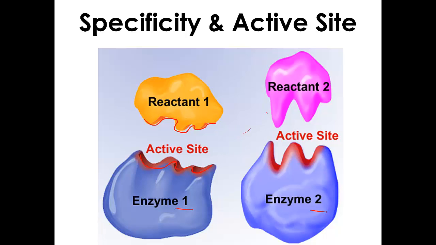So if you put reactant 2 into enzyme 1, it won't work because it doesn't match at all. Same if you put reactant 1 into enzyme 2. The geometric shape does not match, so they won't work. That's why you have to be very specific to use the correct enzyme to match with the correct reactant so that they will work on the active site.